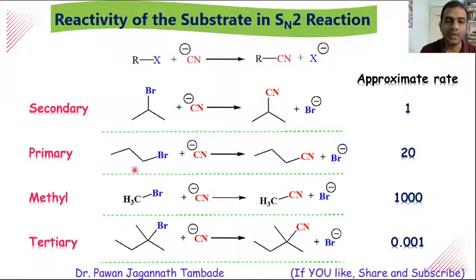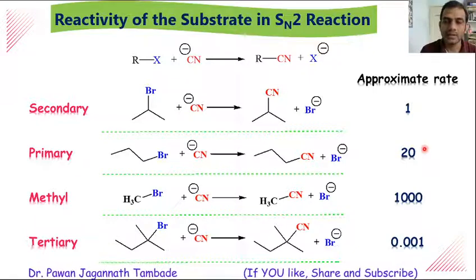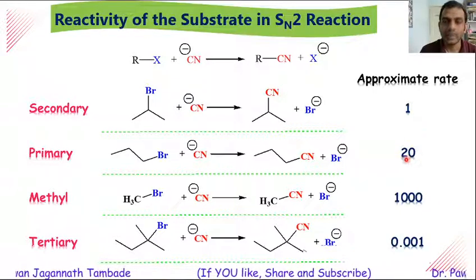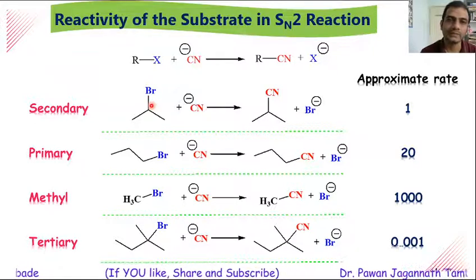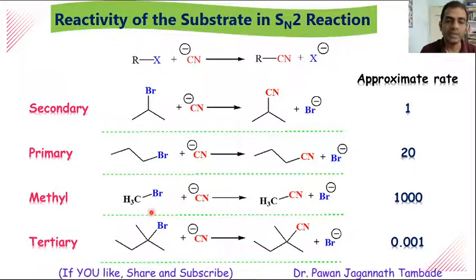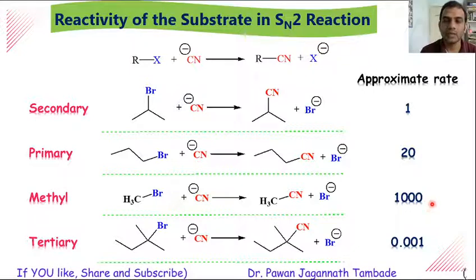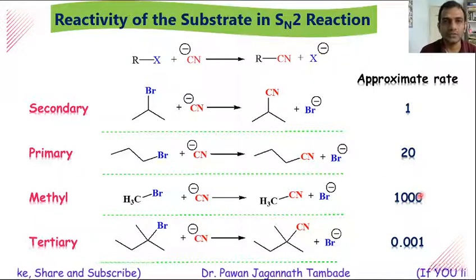Then for the primary alkyl halide, the rate of reaction is almost 20 times faster as compared to the secondary alkyl halide. And for methyl halide, it is almost 1000 times faster.